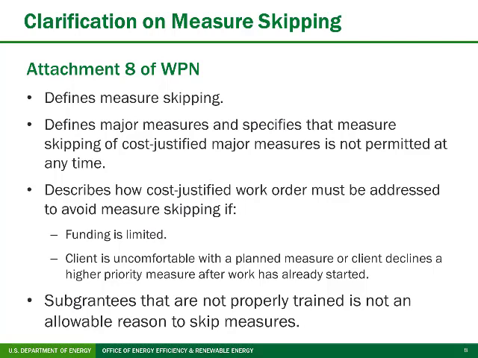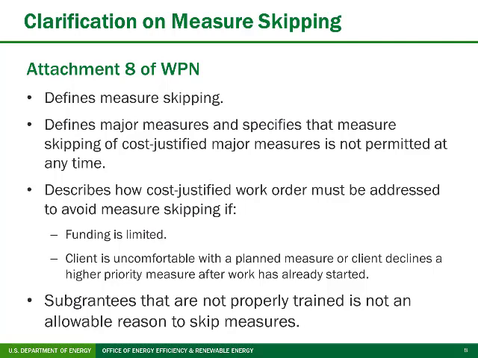Additionally, DOE wants to be sure that grantees understand that an improperly trained or untrained subgrantee is not an allowable reason to skip a measure. So if additional training is needed, then the home which will be affected by the lack of training should be deferred or postponed until the subgrantee or contractor is properly trained to conduct the measure in accordance with the standard work specifications and DOE's regulations.